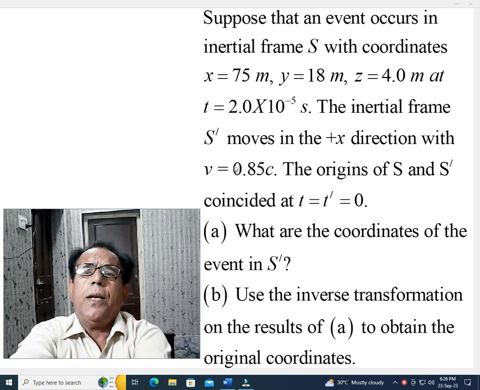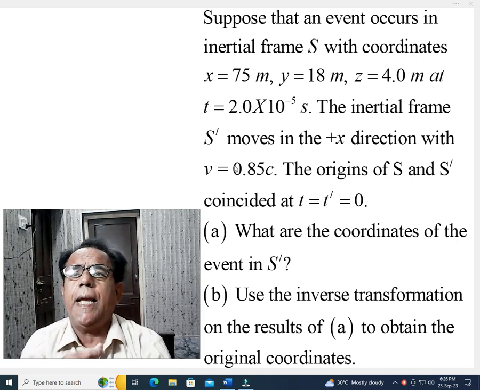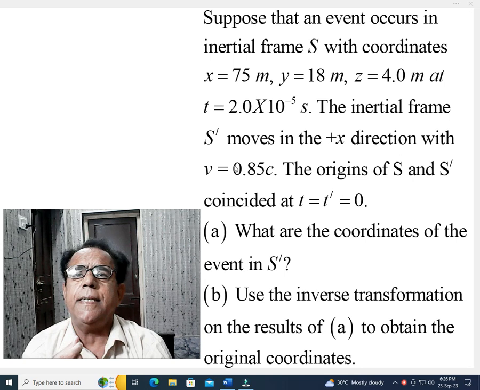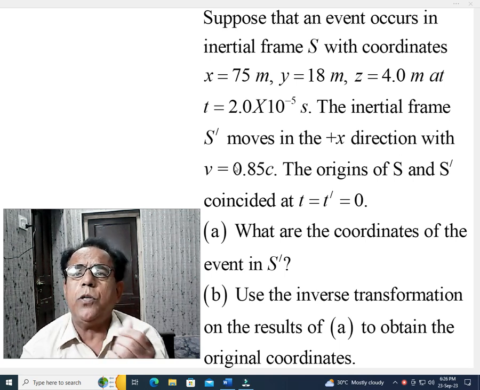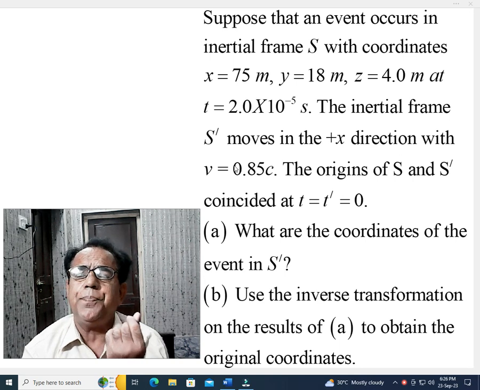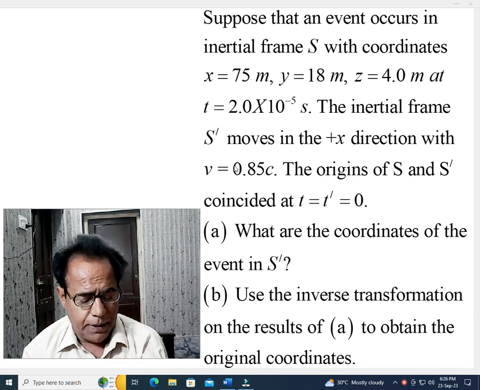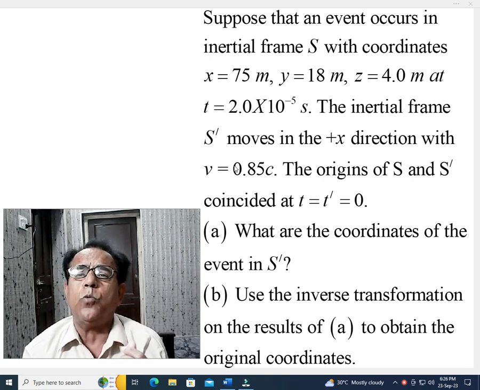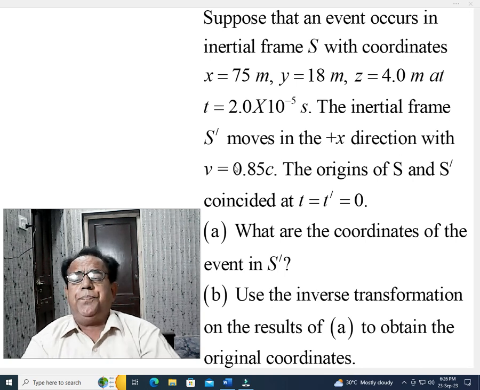Suppose that an event occurs in inertial frame S with coordinates x equal to 75 meter, y equal to 18 meter, z equal to 4.0 meter at time t equal to 2.0 into 10 to power minus 5 second.